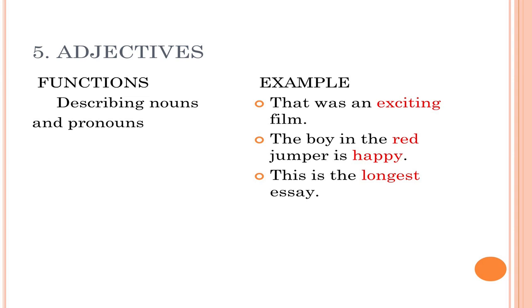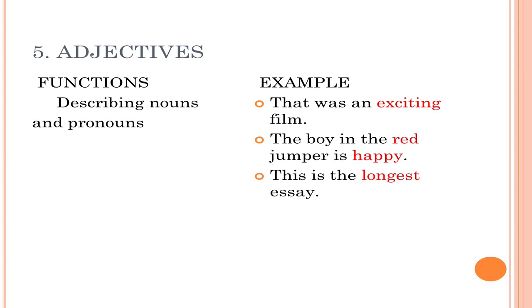It limits a noun, it qualifies a noun, it describes a noun. Adjectives are very, very important in helping us to know what you are talking about or who you are talking about in particular. They are descriptive words.